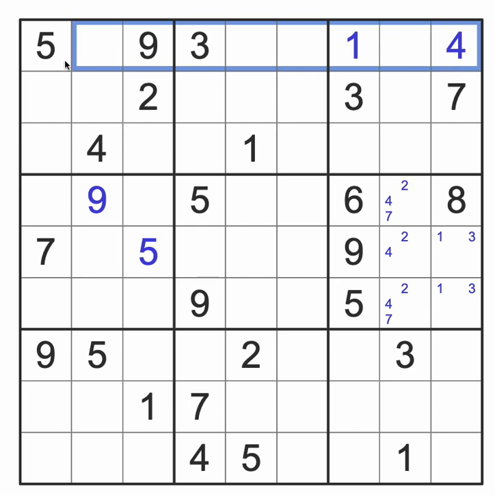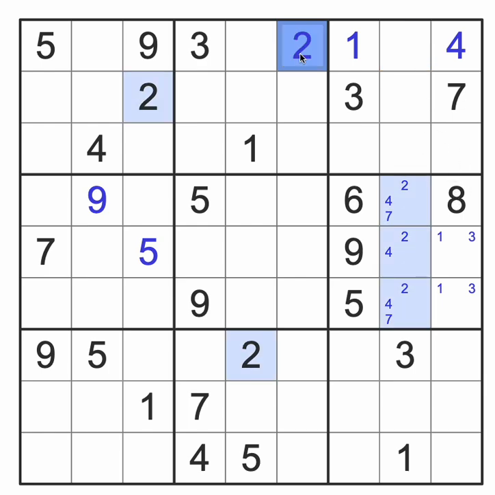Looking at this row, which only has 1, 3, 4, 5, 9, there's only one cell that's not covered by 2. So this cell cannot be 2 because of this 2. This 2 blocks this cell, and 2, which will be in one of these 3 cells, will block this cell.